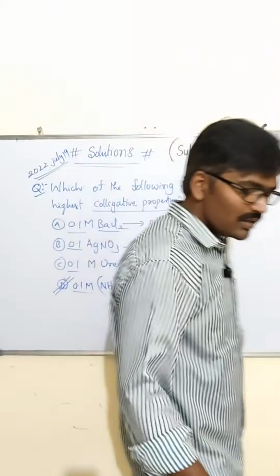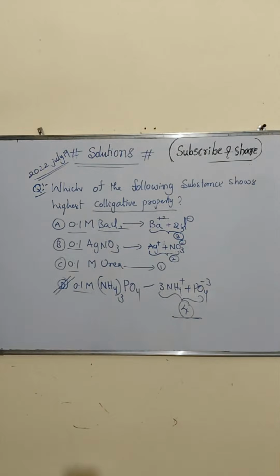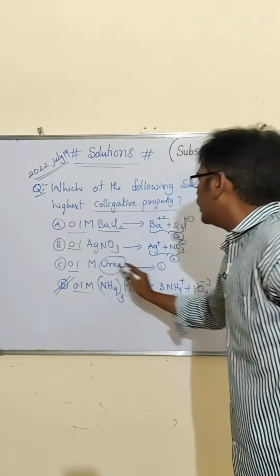Understand, my dear students? Note down the question carefully. Mohana, the urea formula is NH2-C=O-NH2, don't you know the urea formula?